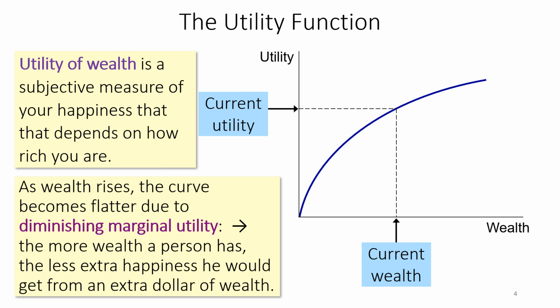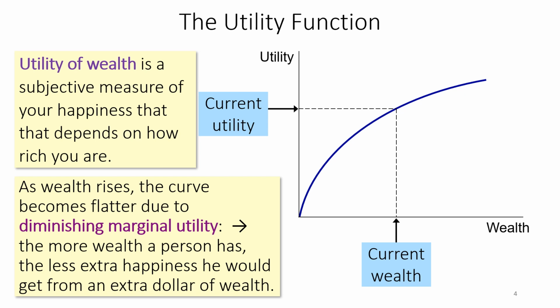The y-axis has the utility, the happiness that that person has from whatever level of wealth she has. So in our example here, with the blue boxes, current wealth is set at an amount, right? If we follow that amount up to and intersect the utility curve and go over, we can see how much happiness that person has from that level of wealth.